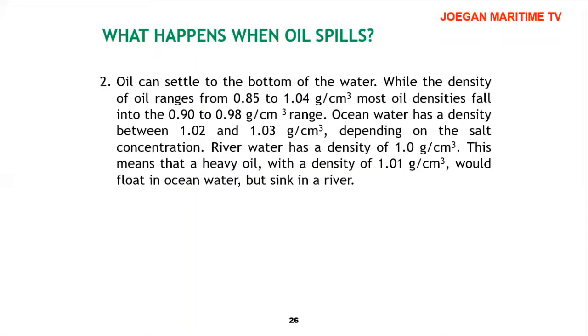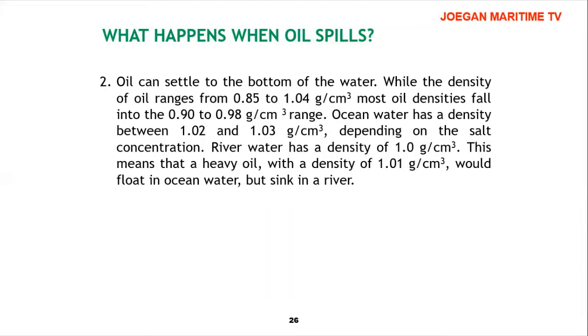Oil can settle to the bottom of the water. The density of oil ranges from 0.85 to 1.04 grams per cubic centimeter. Most oil densities fall into the 0.9 to 0.98 grams per cubic centimeter range.